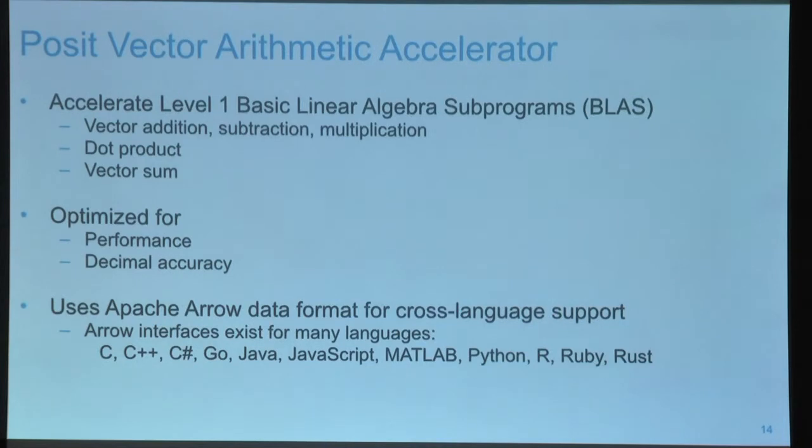Luckily, there's this Apache project called Arrow, which defines an in-memory data format for all sorts of data types, and it has cross-language support. So rather than coming up with serializers for boxed representations of posits in all of these higher-level languages, we decided to use Apache Arrow as a common data layer.